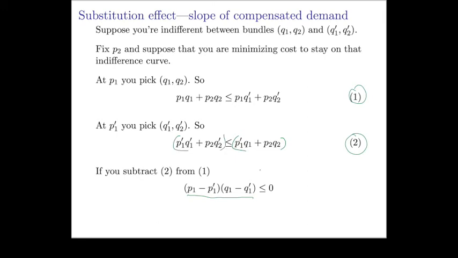So I'll stick a minus sign in front of every term. So I get minus P1 prime Q1 minus P2 Q2 is less than or equal to minus P1 prime Q1 prime minus P2 Q2 prime.